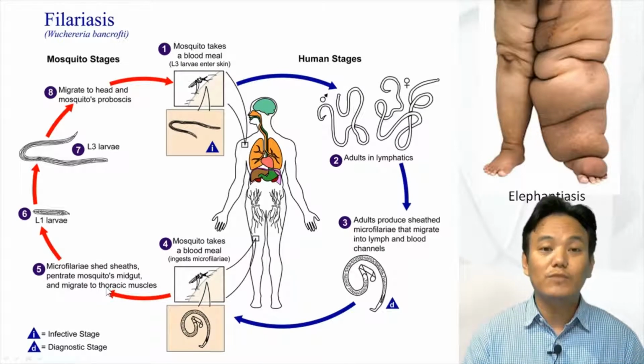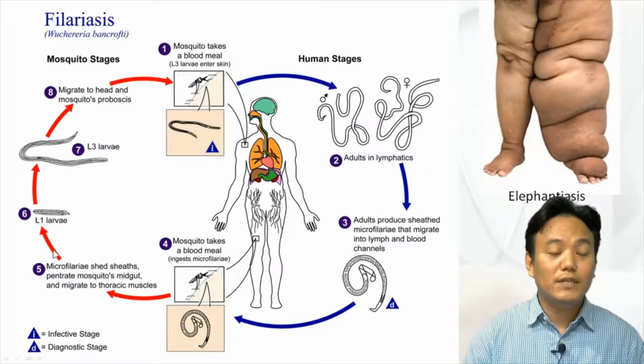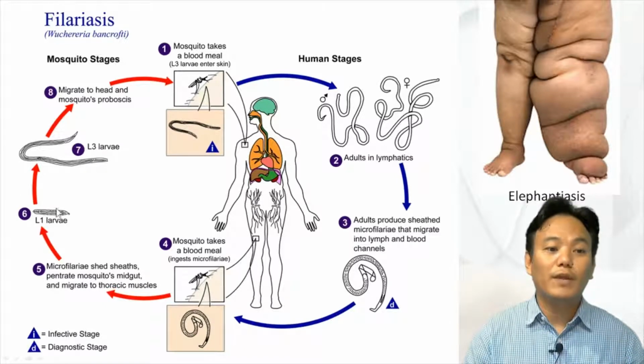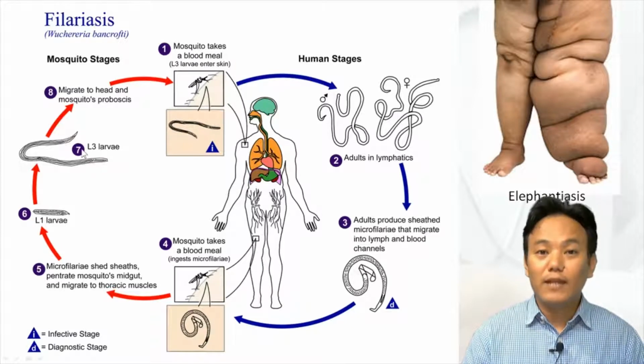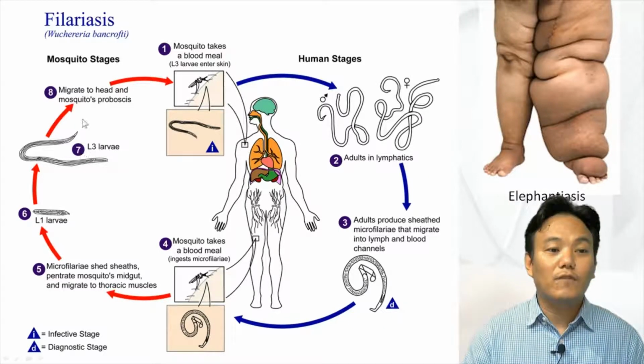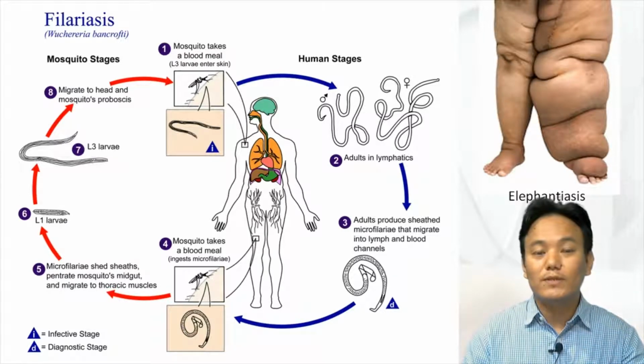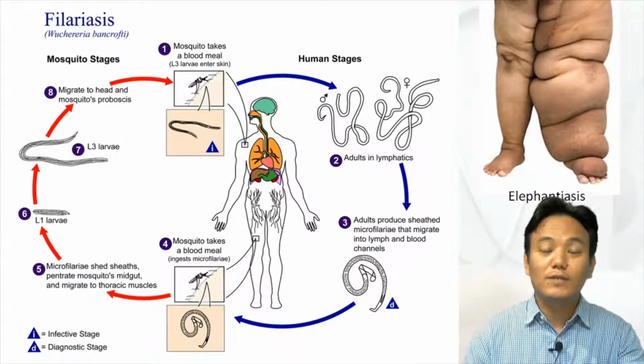Inside the muscles, the larvae gradually develop into L1, L2, L3. When it reaches the L3 larval stage, the larvae migrate to the head of the mosquito and move towards the proboscis. The proboscis is the organ which the mosquito uses for piercing our skin to drink blood.